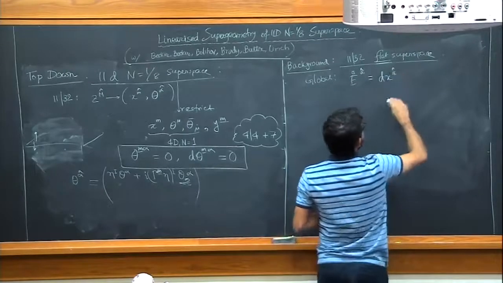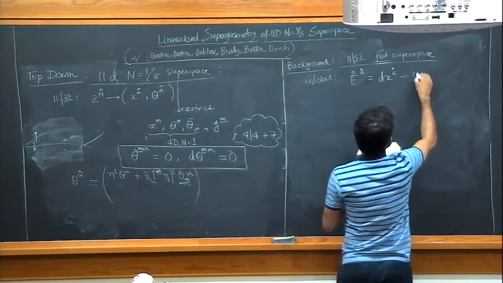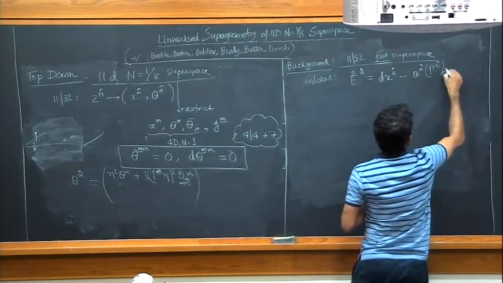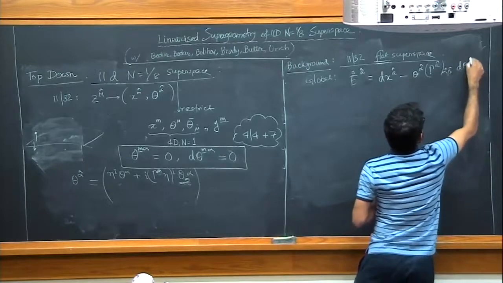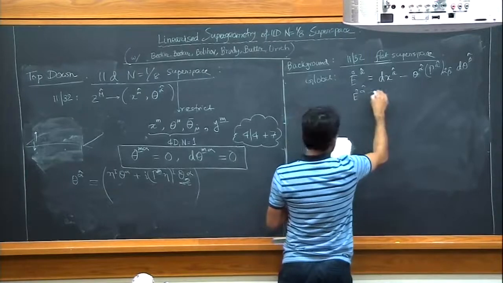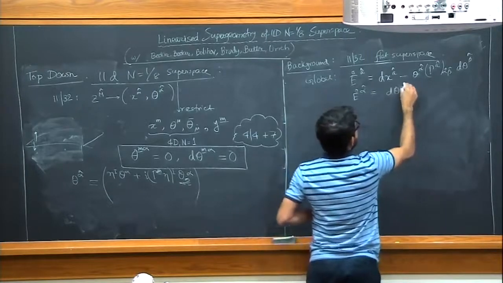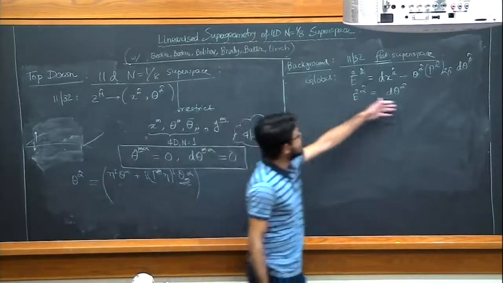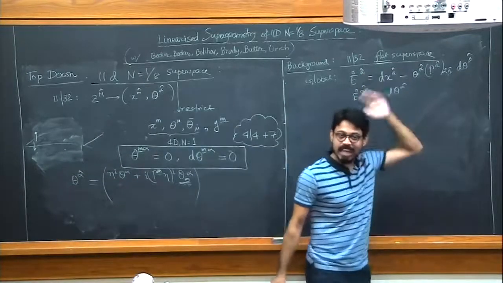That is a standard flat superspace relationship. Gamma^A alpha beta d theta^beta, and for E^0 alpha, you only choose d theta^alpha. So for instance, if you look into Wess and Bagger, they have exactly this, but instead of having hats, they don't have any hats, they are doing 4D.